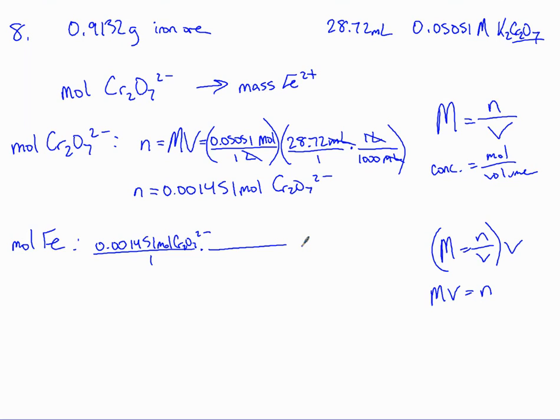The relationship between moles of Cr2O7 2- and moles of iron 2+ is the coefficients in the balanced equation. So what's my mole ratio here? Check your balanced equation.